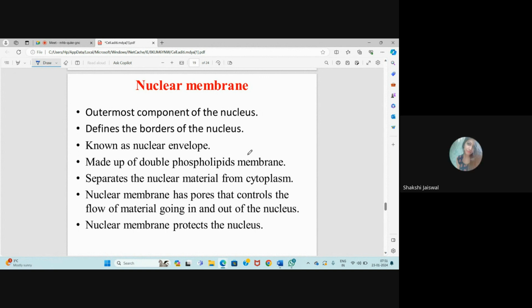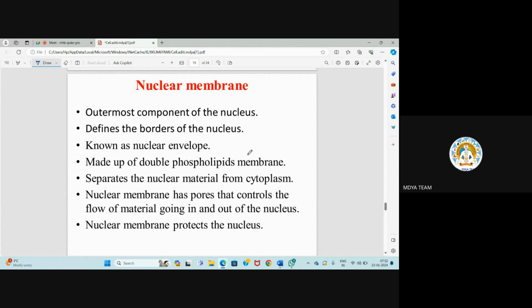Ma'am, it is semi-permeable. It is a gatekeeper. Yes, very good. So in cell membrane also we have learned that it is semi-permeable. It is having particular channels for materials to go in and out. Everything cannot go inside the cell without permission of cell membrane. So the same characteristic is here also in nuclear membrane. Nuclear membrane is also having pores so that materials can go in and out. But permission is needed for going in and out of nuclear membrane.